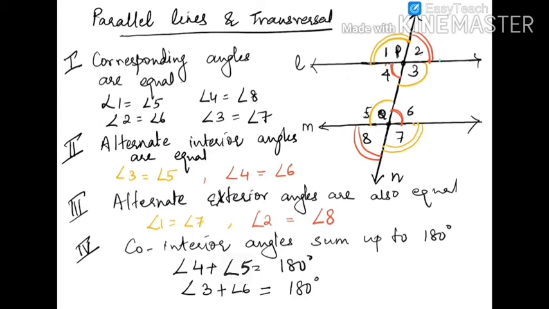Number one, if parallel lines are cut by a transversal, then we can say that the pair of corresponding angles or alternate interior angles or exterior angles are equal and co-interior angles sum up to 180 degrees. Number two, if a transversal cuts any two lines, making the pair of corresponding angles or alternate angles equal or co-interior angles summing to 180 degrees, then the lines are said to be parallel.